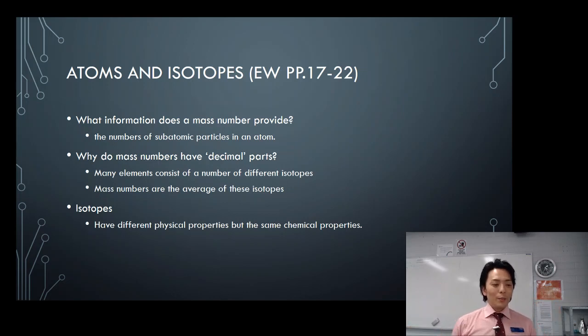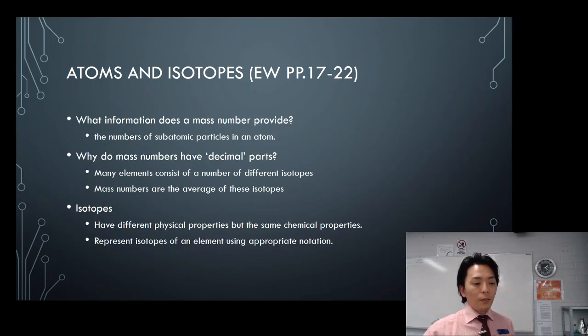You can make a water molecule with a bit heavier mass using deuterium. Carbon 14 or carbon 13 would have the same chemical properties, but physically speaking, if you could put them together and find the boiling point or melting point, they would be pretty different.